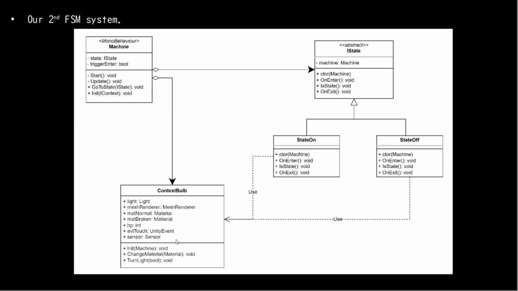So all these kinds of dependencies are pushed out from the framework and into a dedicated class. We call this class a context class. And the context class takes responsibility to initialize all the dependencies. And it can deal with the dependencies, like changing material and turning the lights on and off. So all the dependency things should be taken care of in this class.